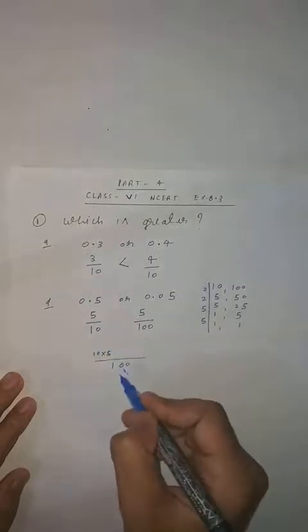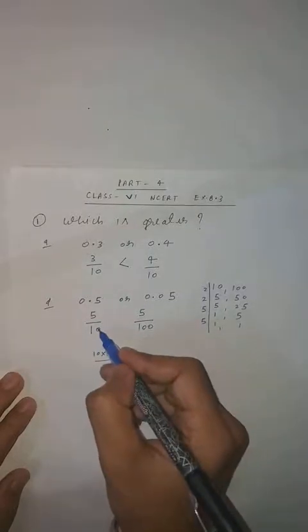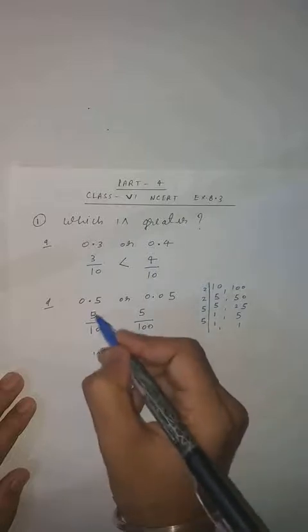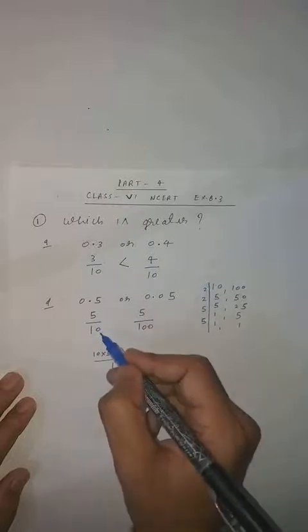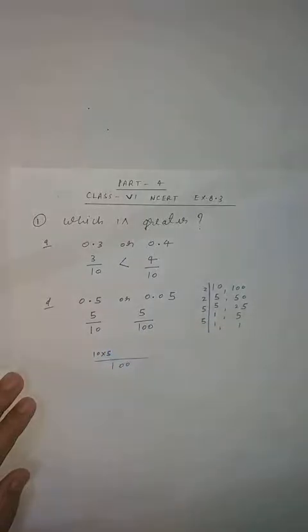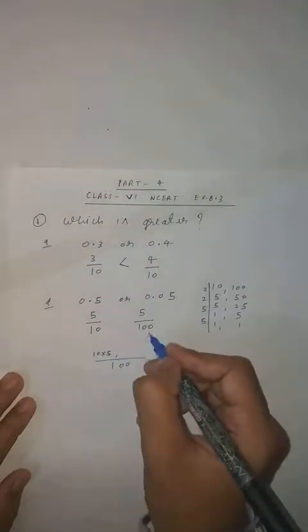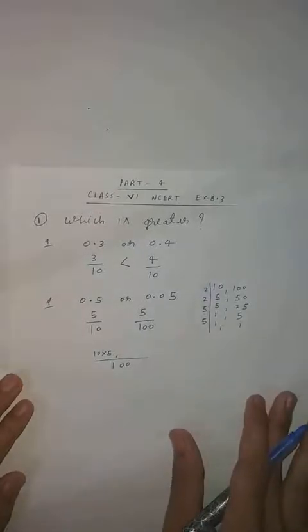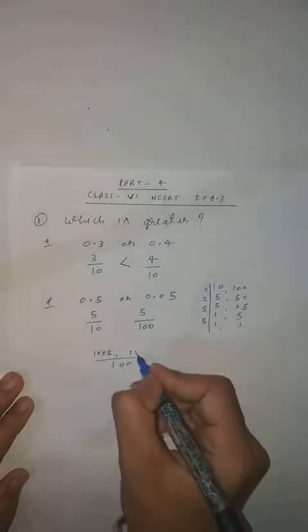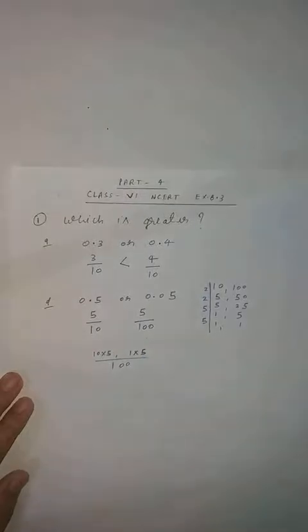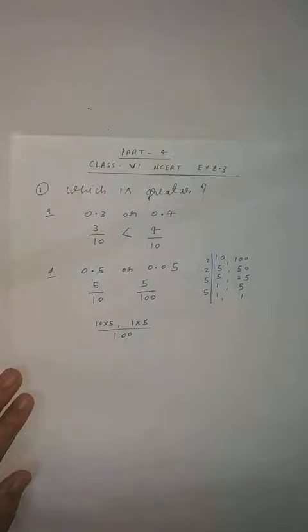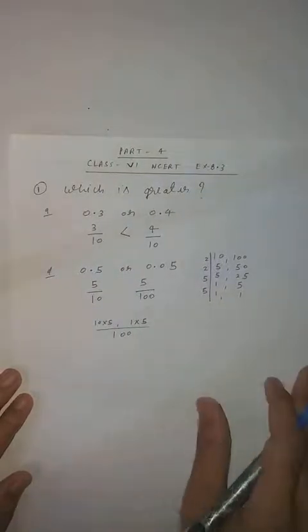It means you divide the LCM by the denominator and multiply the result by the numerator. Same process you will apply: 100 divided by 100 will come 1, and 1 multiplied by 5. Clear, students? Remember, you don't have to add, you only put a comma because you are comparing.